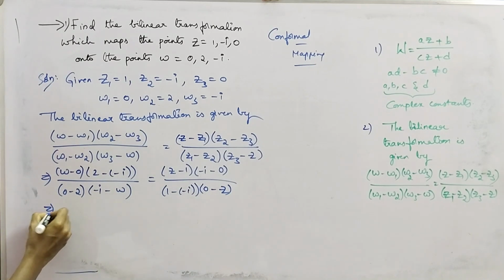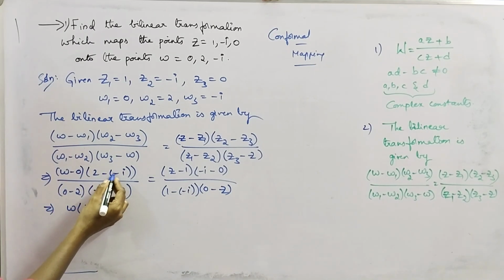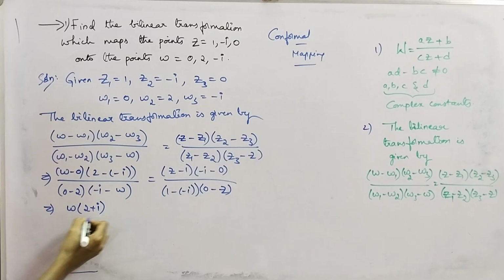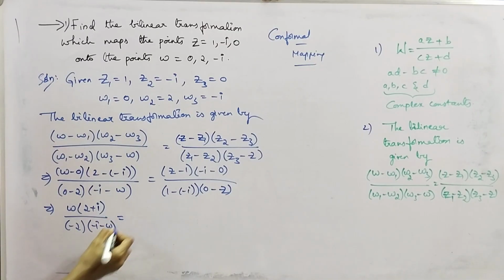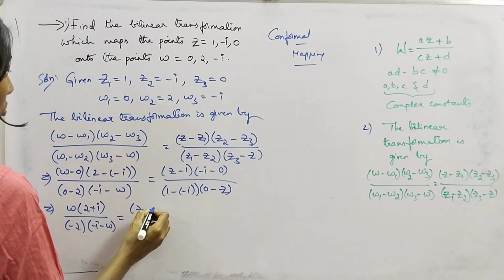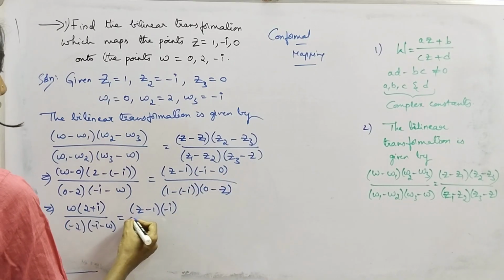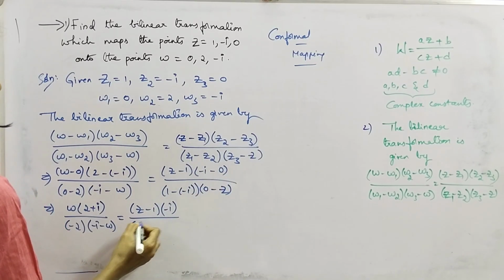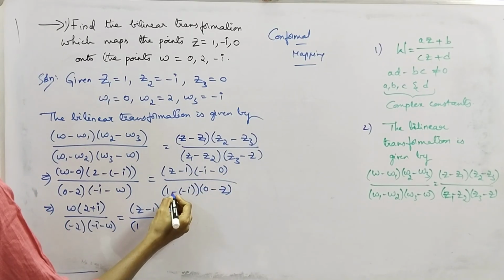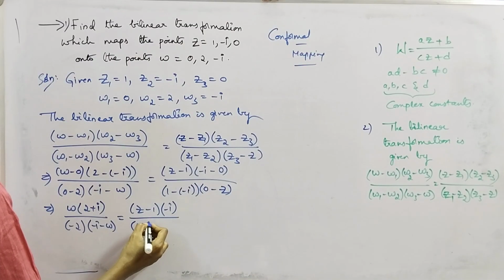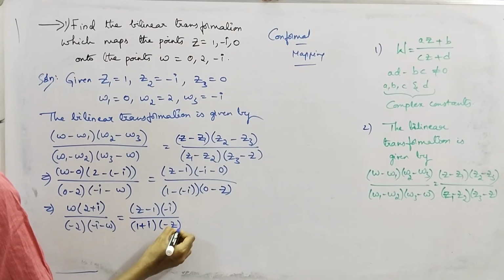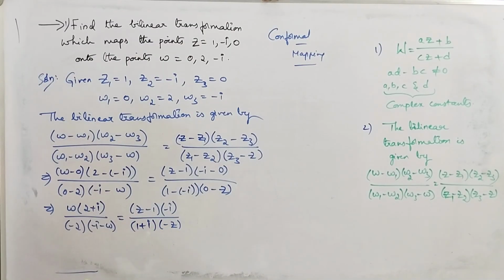Just simplify it. We'll get omega into (2 plus i) by minus 2 into (minus i minus omega) equal to (z minus 1) into minus i by (1 plus i) into minus z. Omega 1 is 0, right?